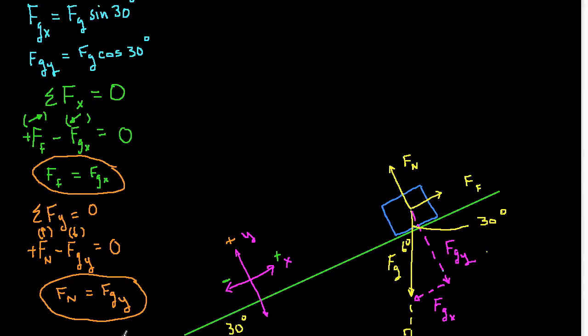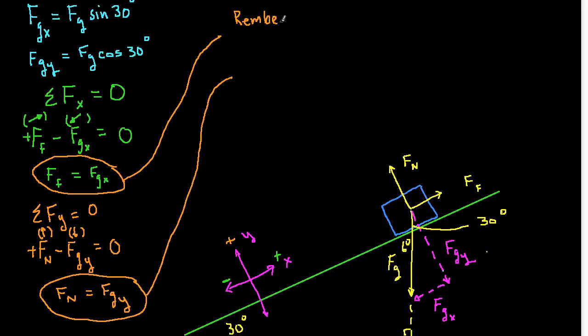Now, I just want to remember what the point of this whole question was. It was to find the coefficient of friction. Neither of the equations that I have here has the coefficient of friction in it. So what am I going to do?